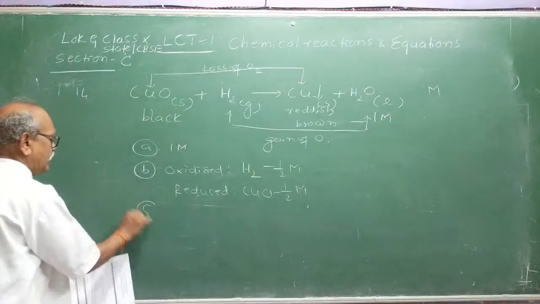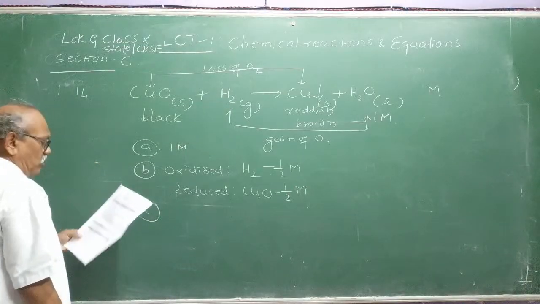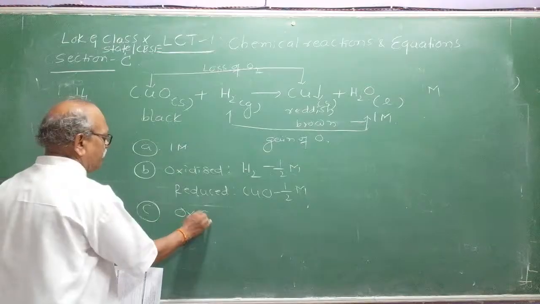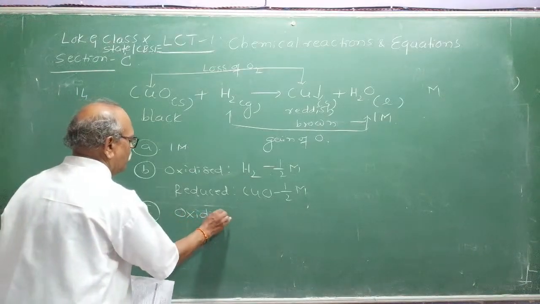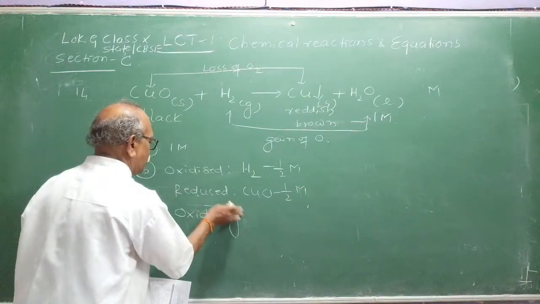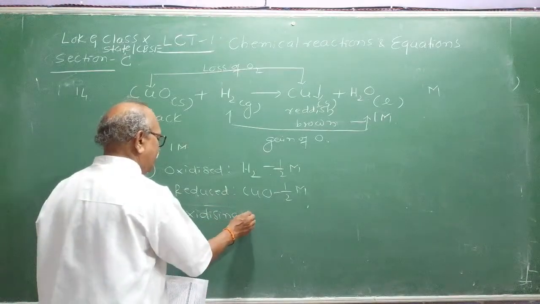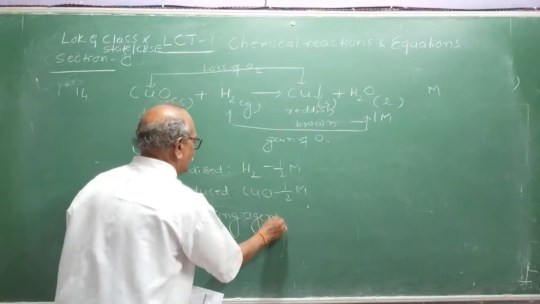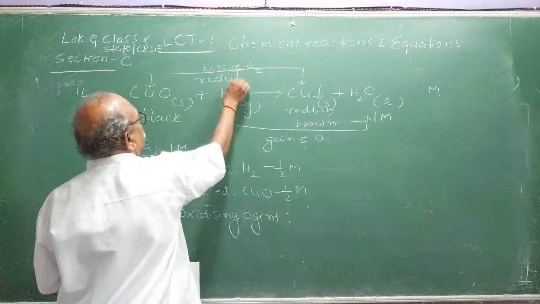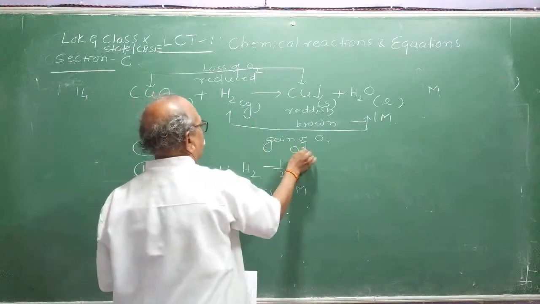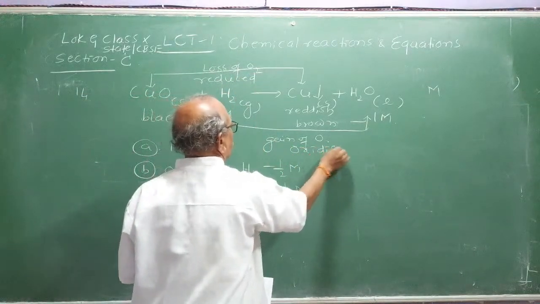C. Identify the oxidizing agent. I told you what an oxidizing agent is: the one which itself undergoes reduction. Which is reduced? This is reduced, and this is oxidized.